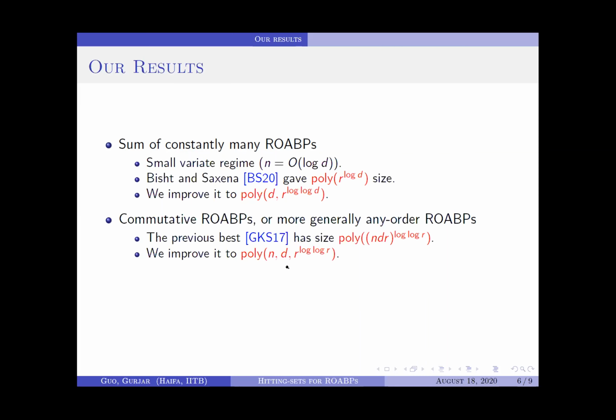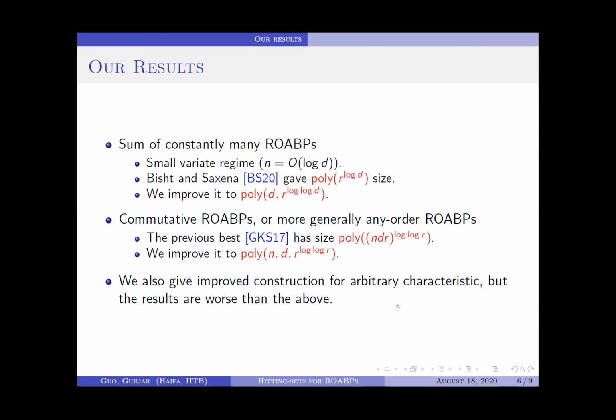So now the dependence on the number of variables n and the degree d is polynomial. Finally, all of these results assume the characteristic is 0 or large. For arbitrary characteristics, we also get results that improve the previous results, but they are not as good as what I give here for 0 or large characteristics.